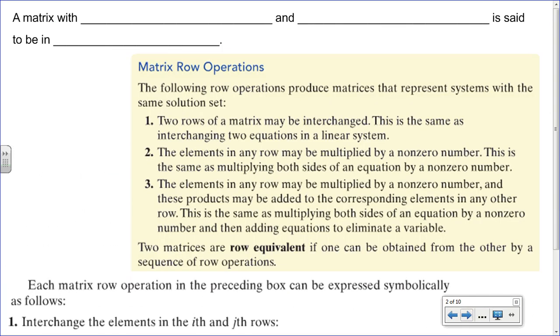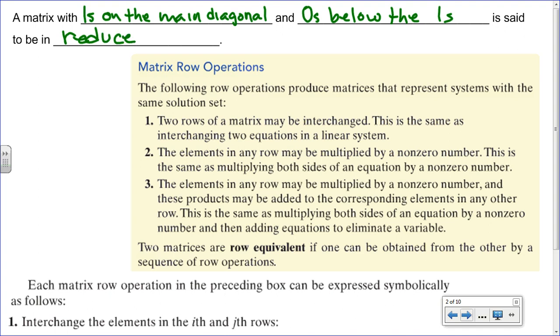Okay, so a matrix with 1s on the main diagonal and zeros below the ones is said to be in row echelon form.